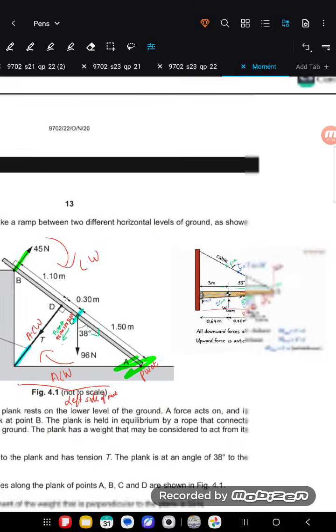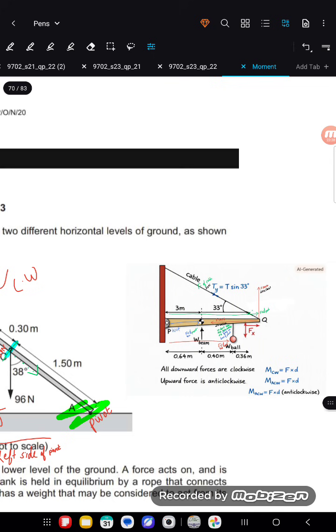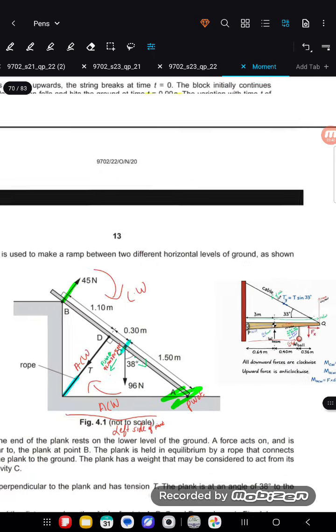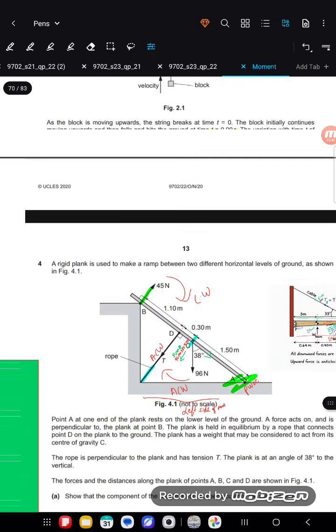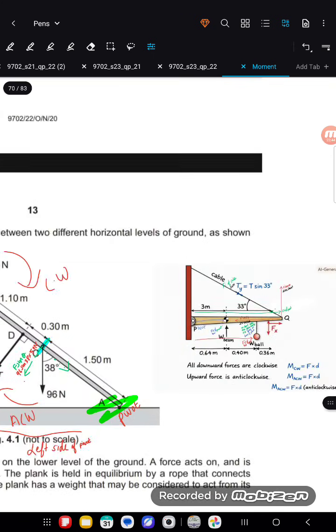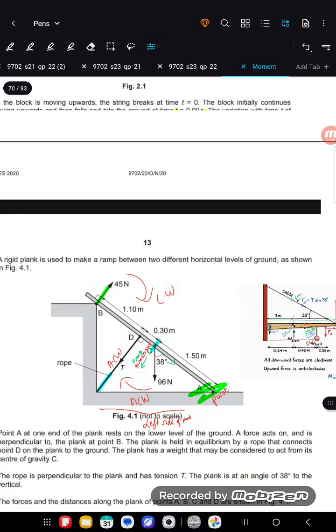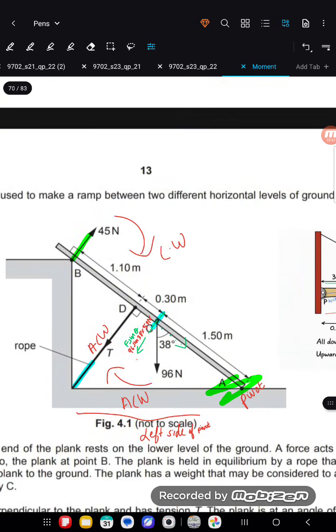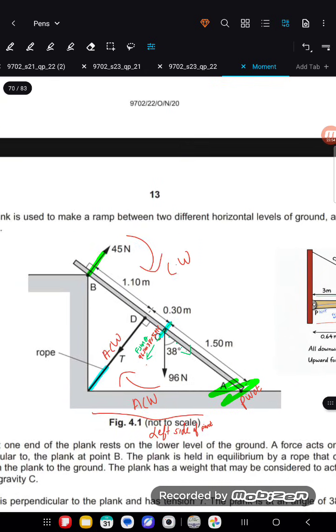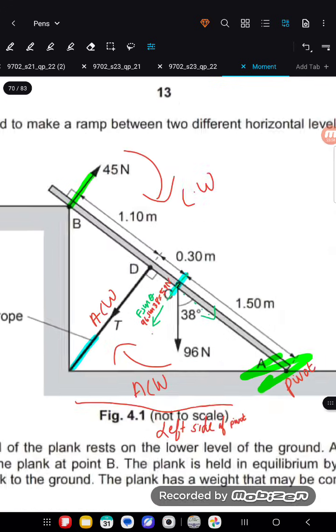Before, the pivot was this way and everything was on the right side. So now it's opposite. Before, we took downward force as clockwise and upward force as anti-clockwise. Now we will take the opposite, because the pivot is this side and all the forces are acting on the left side, so the downward force will now be anti-clockwise and the upward force will be clockwise.